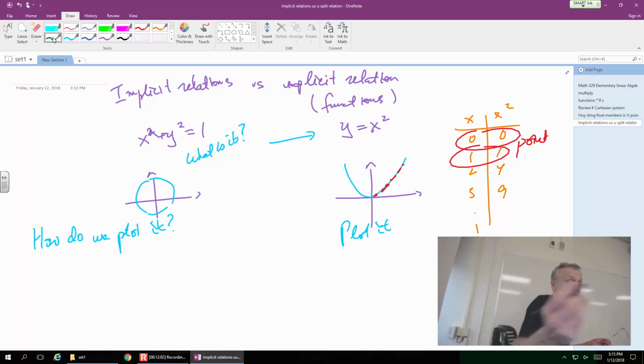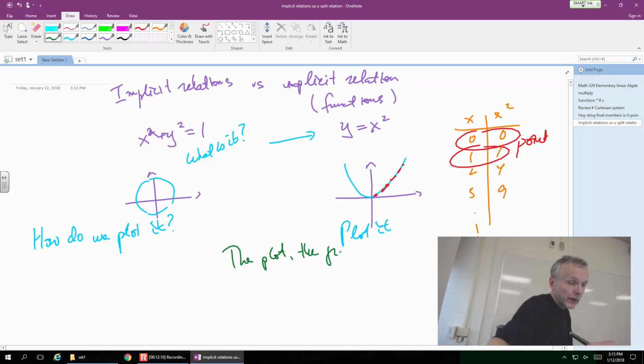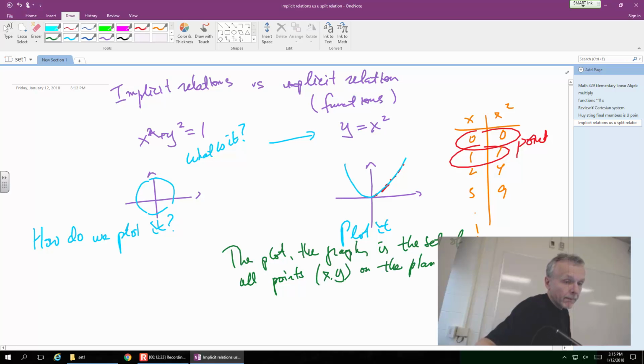Well, first of all, what is the plot? The graph for a function is the set of all points x, y on the plane that satisfy the relation or equation.